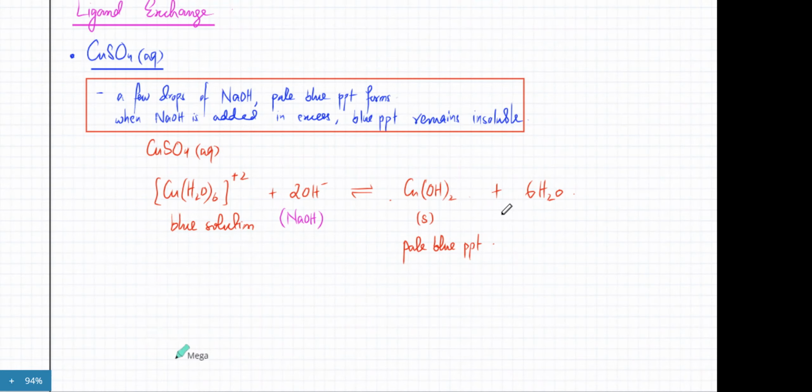So then the next one. The next thing is there was another test for copper ions, and that is you add a few drops of NH3. And what you get is a pale blue precipitate again.